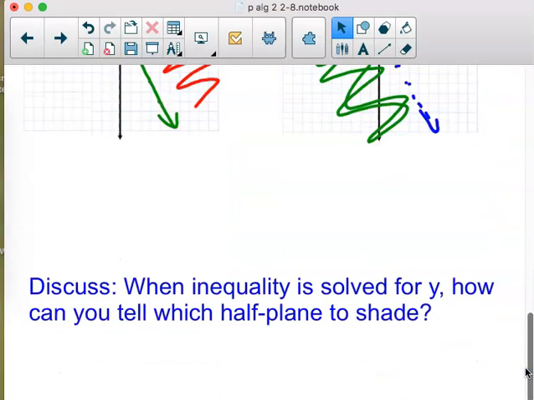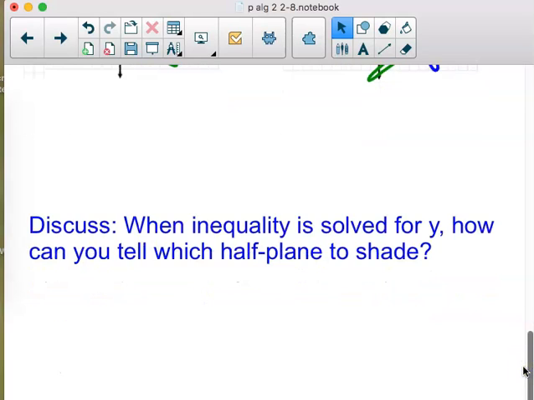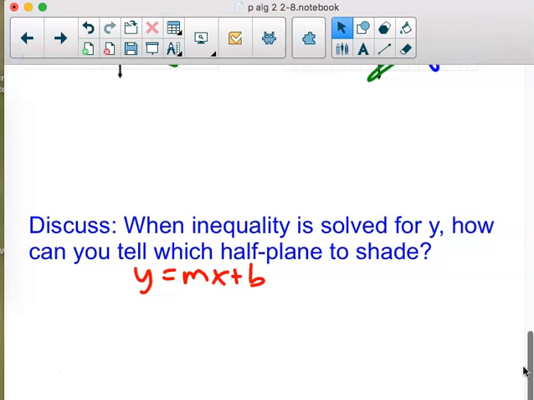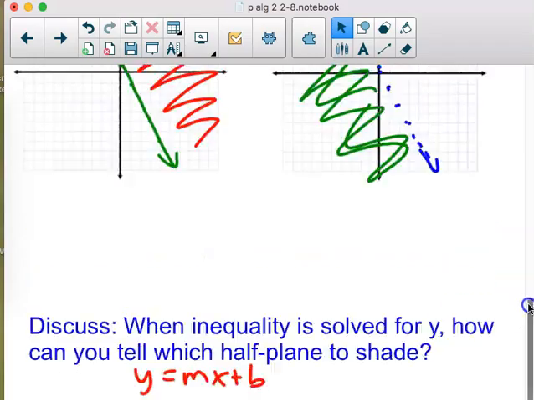So now, why did they give us the same slope and the same b value for those? Because they want us to look at this. When the inequality is solved for y, how can you tell which half plane to shade? Oh, so they're saying, since all of these were slope-intercept form, we might be able to locate a shortcut for this shading. Let's see.